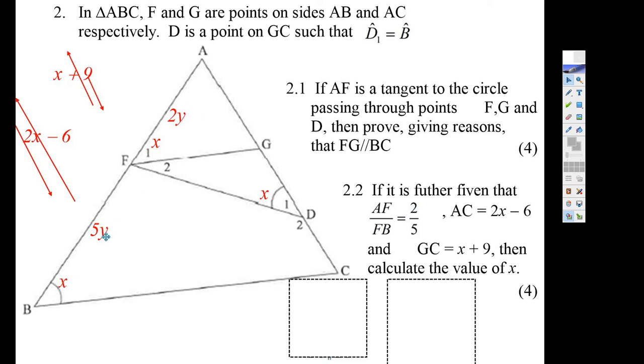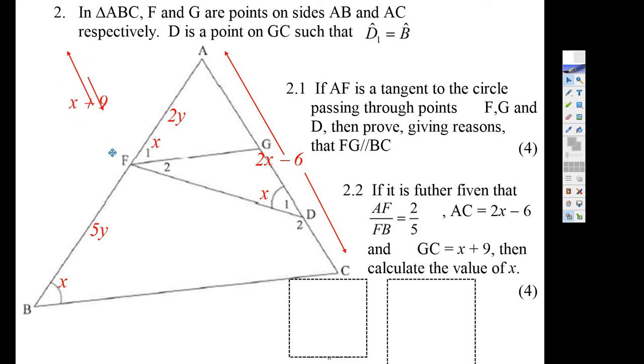If we knew that AC was equal to 2x minus 6, well, AC means all the way up to the top here and all the way down to the bottom. That's 2x minus 6. That's the long side.